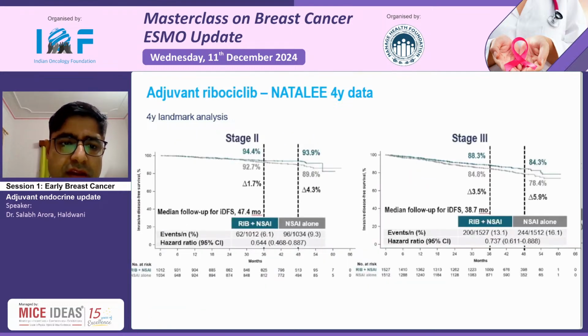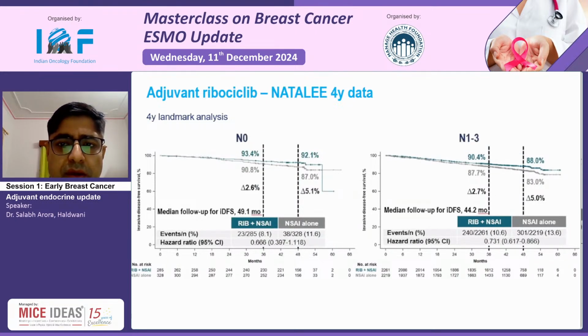If we dissect this data in patients with stage 2 disease, at 4 years, there was an absolute IDFS advantage of 4.3%. This was also statistically significant, as was in stage 3, which we know is a subset of high-risk breast cancer. Over here, the delta was close to 6%, which was again statistically and clinically significant.